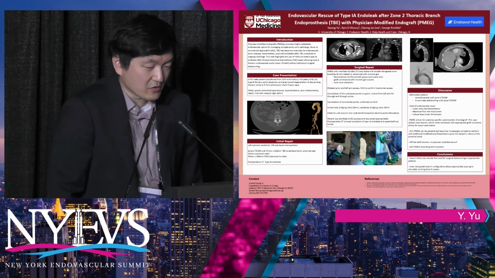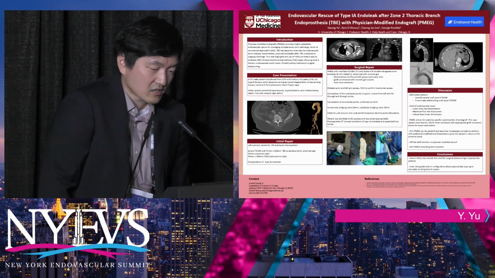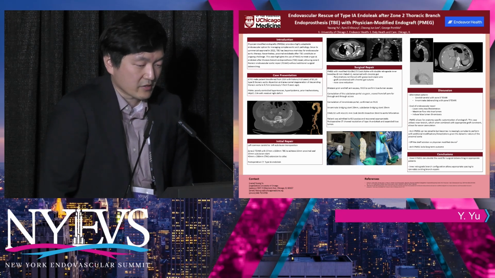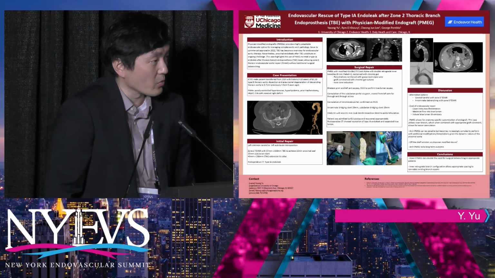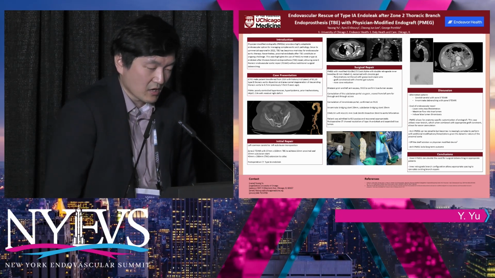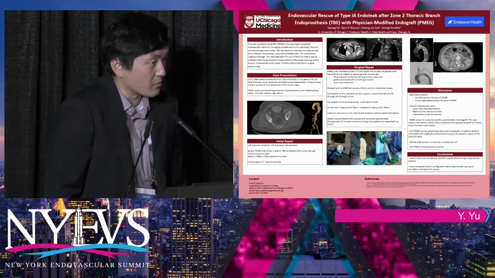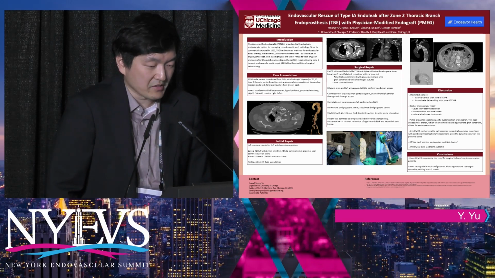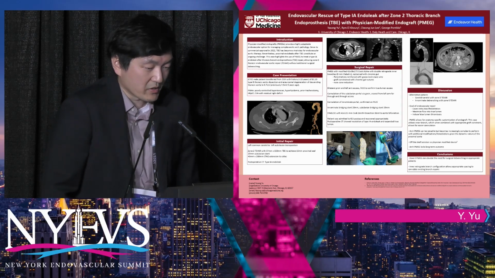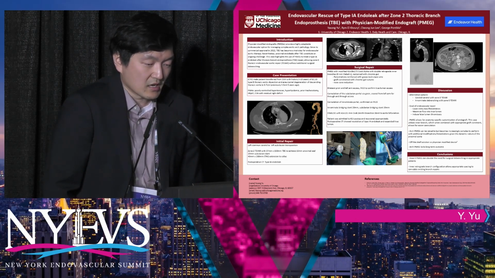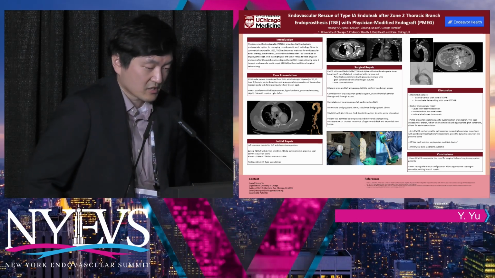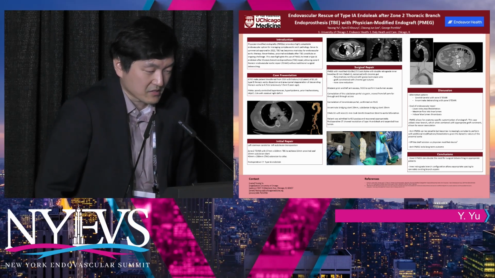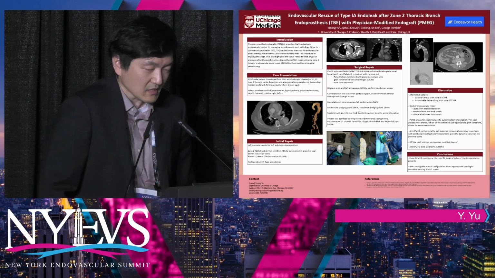We reinforced the fenestrations using gooseneck wire, and we constrained it with chromic gut sutures to minimize the space around those retrograde inner branches, so that when we go in and cannulate, we'll have an easier time. The last thing we did is reduce the nose cone size, because as we know, some of the Cook nose cones are pretty big. That way we can get the device as proximal as we can.